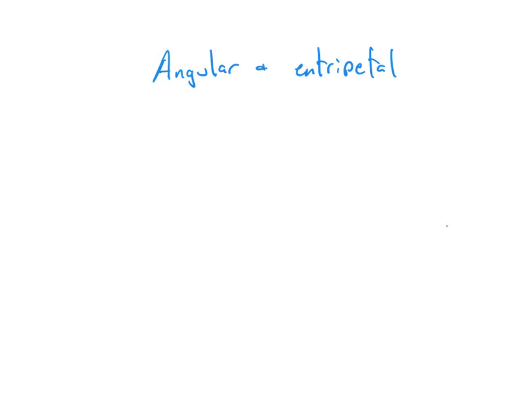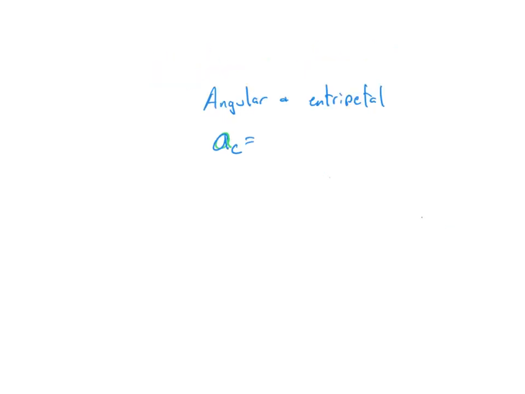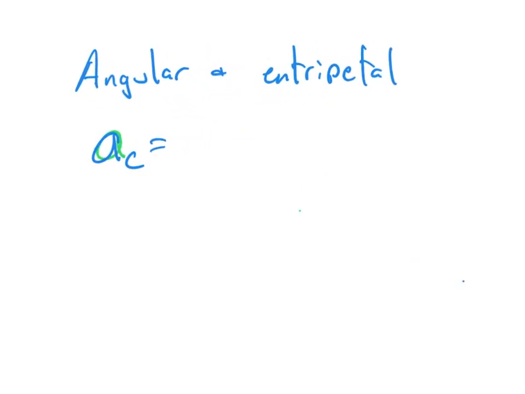Now, similar to how we are able to fairly easily convert between angular and tangential velocities, we can also easily convert between angular and tangential accelerations. And so let's change that back to blue. Our tangential acceleration is going to be equal to the angular acceleration times the radius.